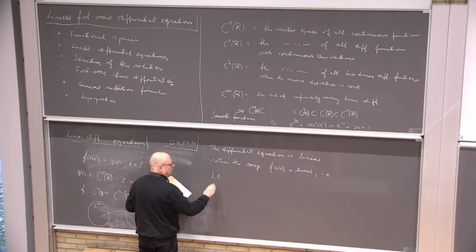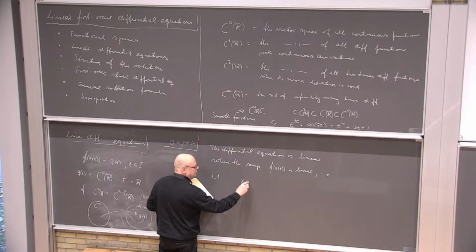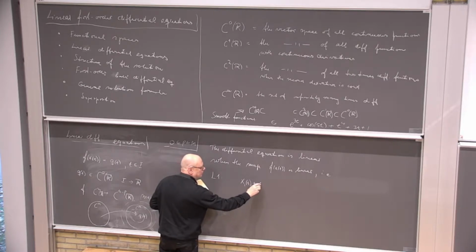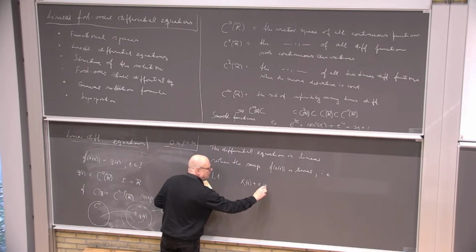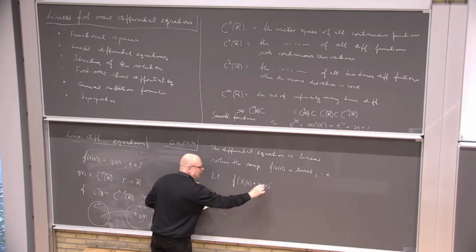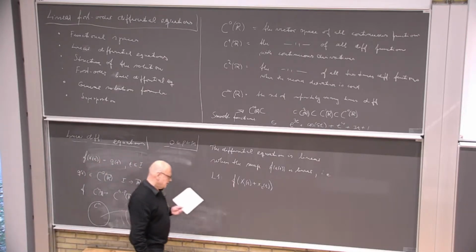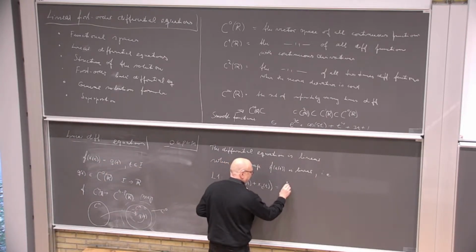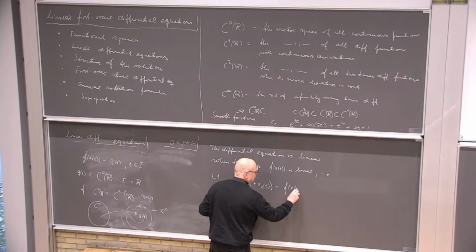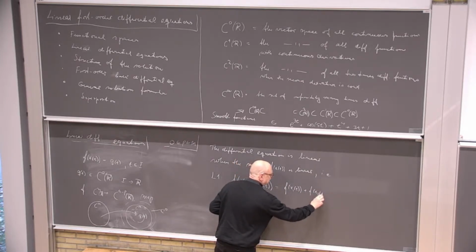You have L1. If you add two solutions to your equation, and you take the map of this, then this is equal to the sum of the maps, f of x1 of t plus f of x2 of t.